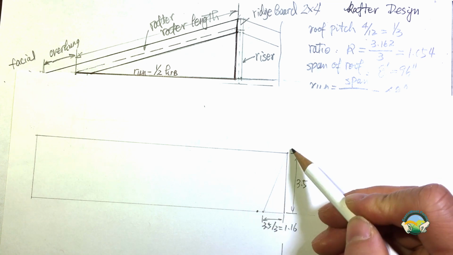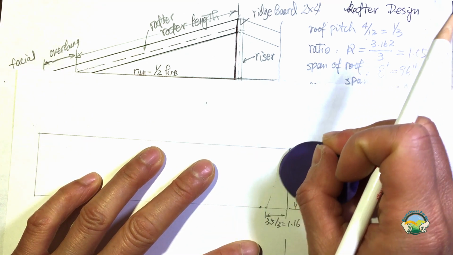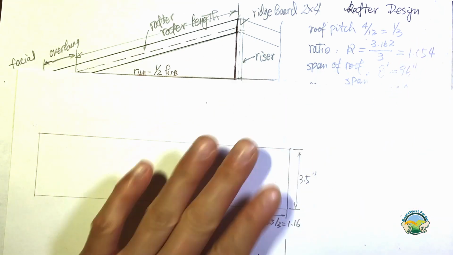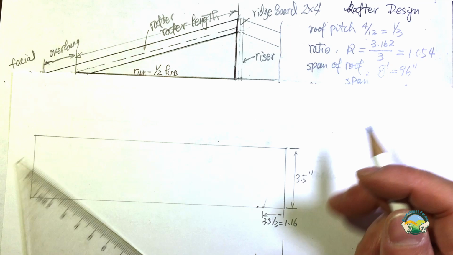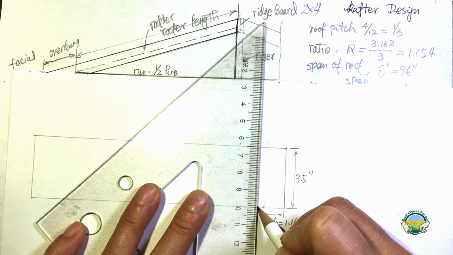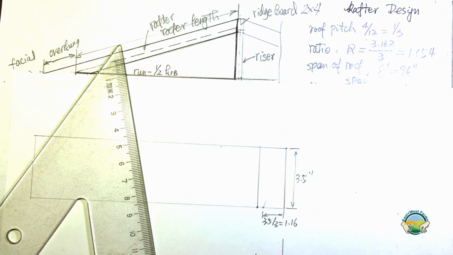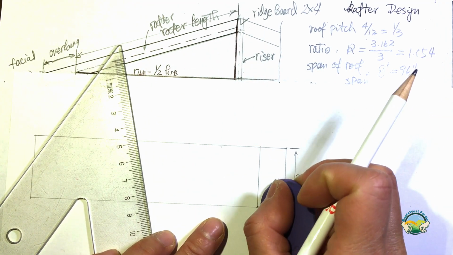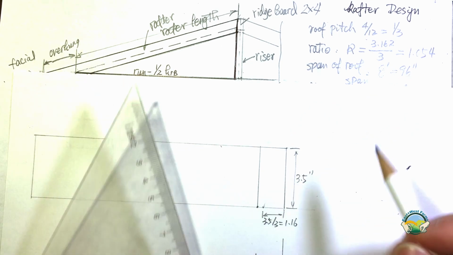So all I need is to draw a parallel line for that. Of course at this point, you don't have that line; I'm just showing you what it should look like. What you do is take a speed square, butt it against the edge, and draw a line perpendicular to that edge. You won't have a problem drawing that line with the speed square even with a rounded edge.